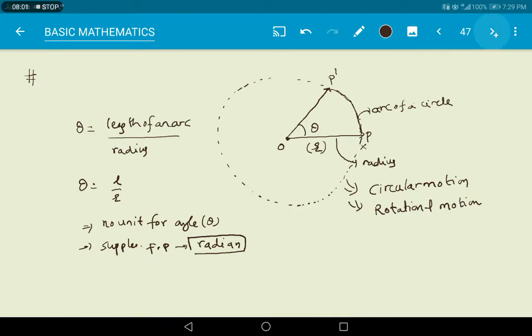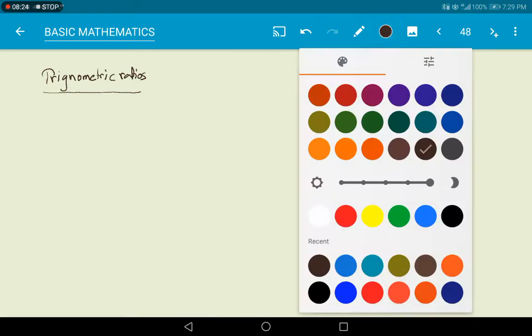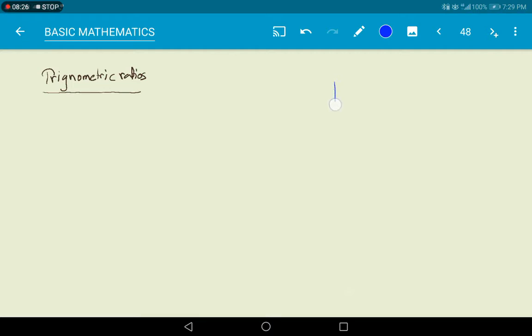Right, let us take a look at some trigonometric ratios. Let us consider two straight lines, x dash O x and y dash O y.